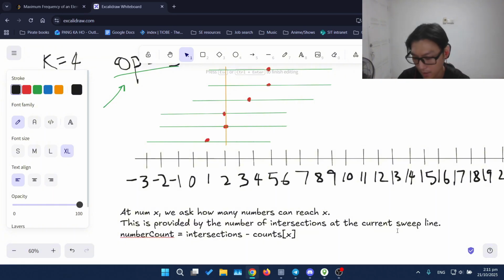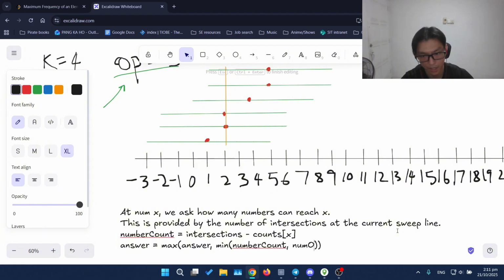Then we say, okay, the answer is equal to the max of the answer, but the min of the number count and number of operations, so num ops plus counts of x. I think this might be it.